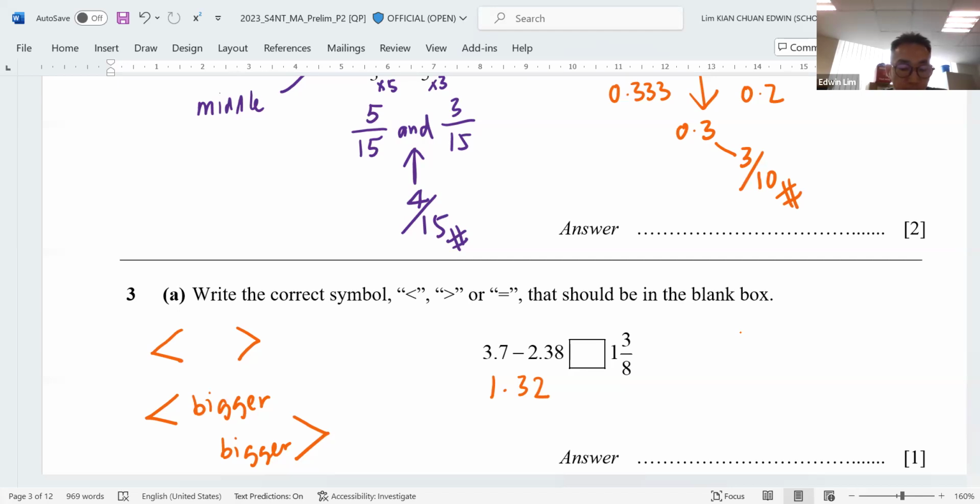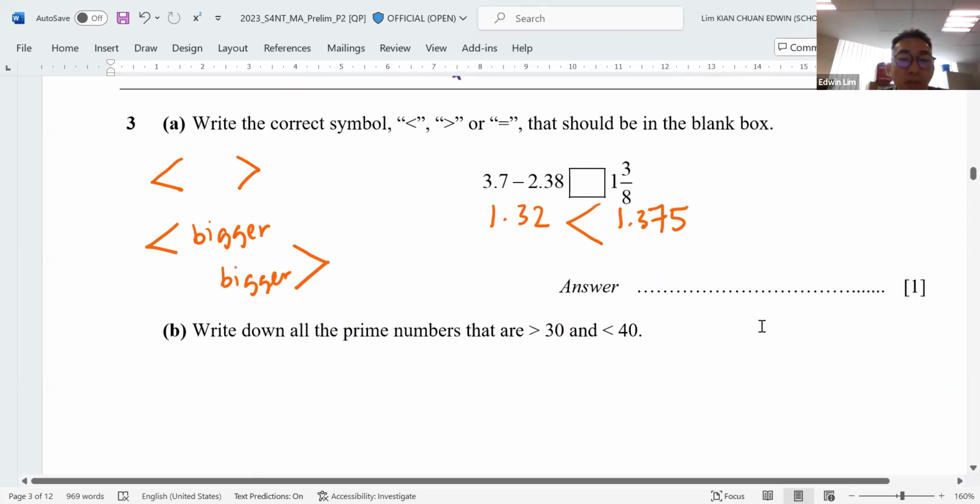Sorry. 1 3/8. I'll get a value of 1.375. Are they the same? No. So I don't use the equal sign. 1.375 is bigger. So my answer will be this sign. All right, because I want to eat a bigger share.